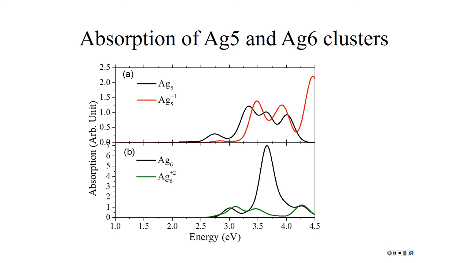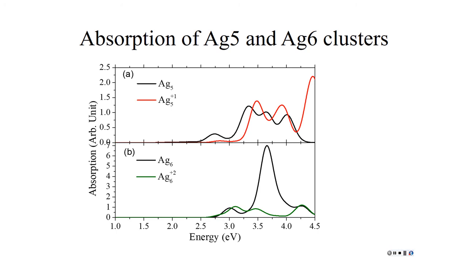The neutral 5 has double spin multiplicity and the 5 plus 1 has single spin multiplicity. In those cases, if you go to the higher energy range, like 3.5 or higher, it gives almost similar absorption features. But due to the change of spin, you always lose the lowest energy peak. This transition is a result of the double spin multiplicity.